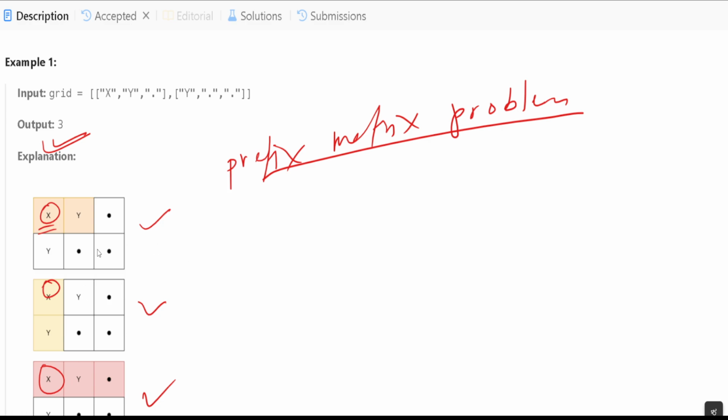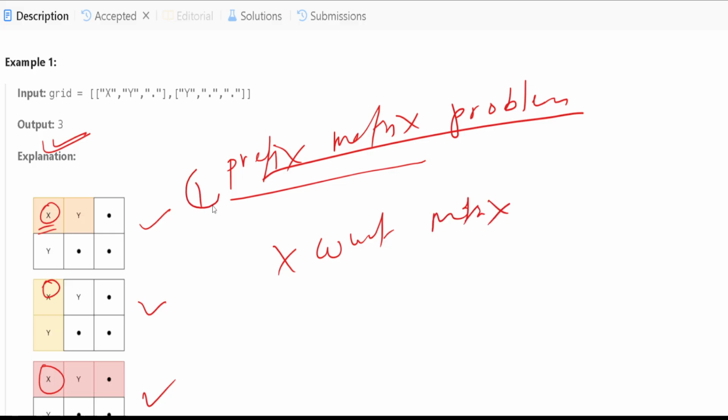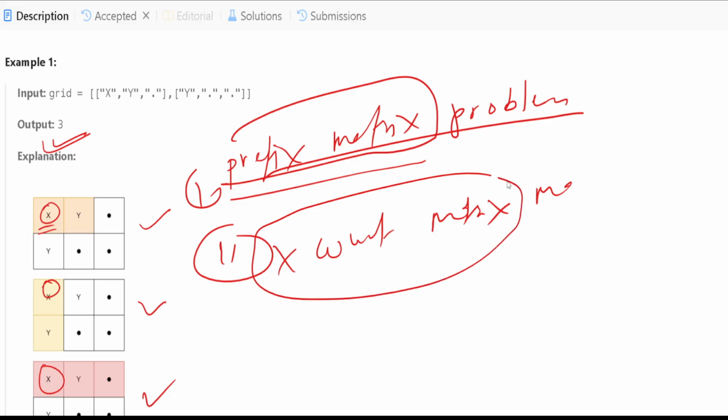So what we have to do is maintain two matrices, the prefix matrix and the x count matrix. Two things you have to maintain. Once you maintain these two matrices, then for each cell we have to calculate the sum that starts from 0 0.